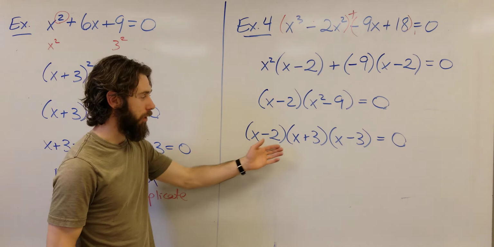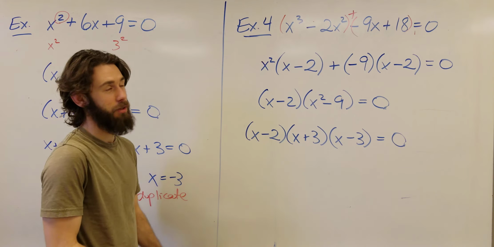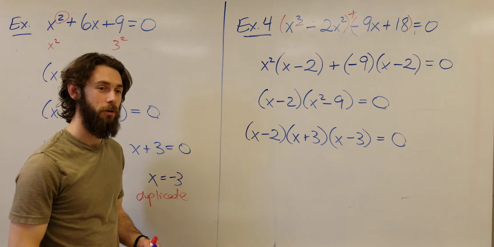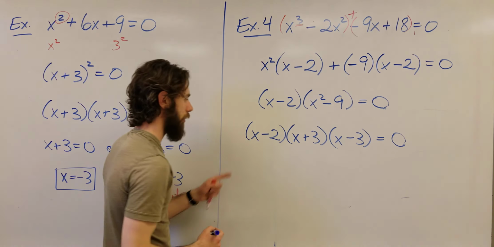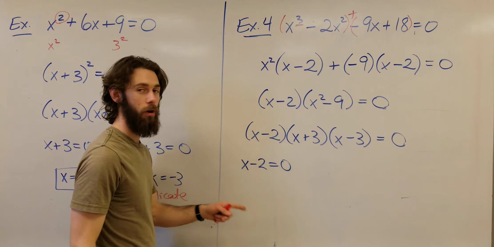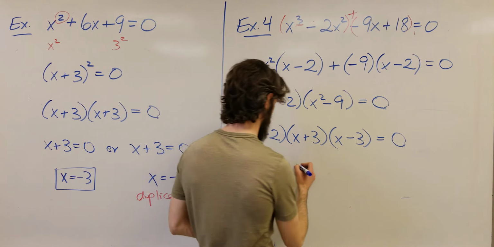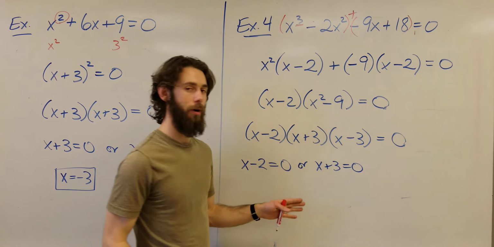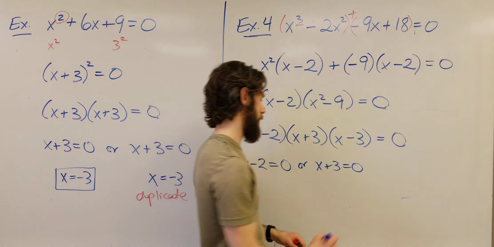And again, we'll get 3 equations out of that, which we might have suspected since the highest power is a cube. So our 3 equations are x minus 2 equals 0, or x plus 3 equals 0, or x minus 3 equals 0.